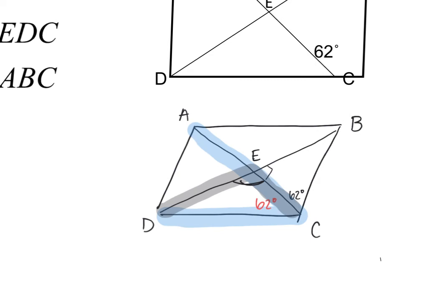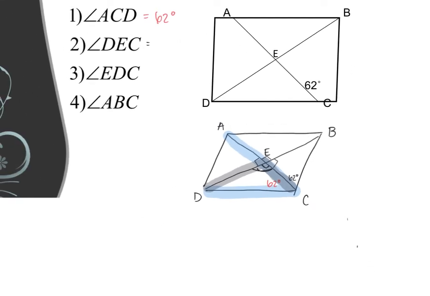For a rhombus, guys, each of these is going to be 90 degrees. Remember, the diagonals intersect at a 90-degree angle. They're all going to be perpendicular. So at point E, all of the angles from point E are going to be 90 degrees. So DEC is going to be 90. That's just the definition of a rhombus. Because it told us that it's a rhombus, the intersection of AC and DB is going to be 90 degrees.